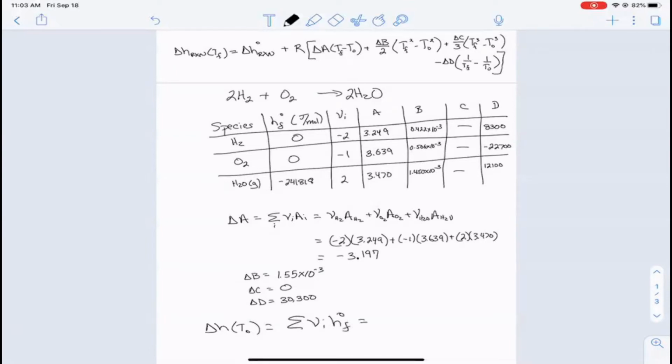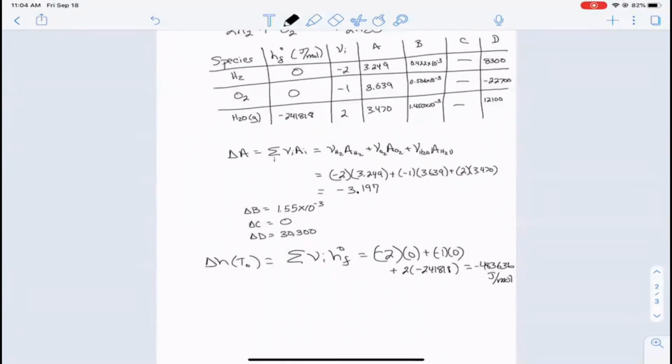So again, for hydrogen, that's -2 times 0 plus -1 for oxygen times 0, then plus 2 times the value for water, which is -241,818, which is equal to -483,636 joules per mole. And so depending on if we want to keep this in joules or move to kilojoules, that's totally up to us. I guess we can leave it in joules per mole for a minute or two.